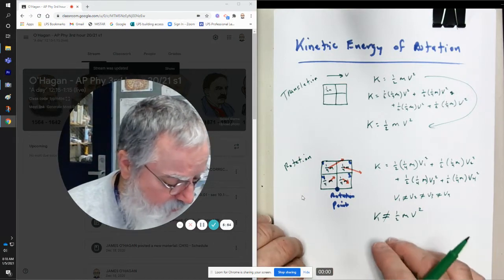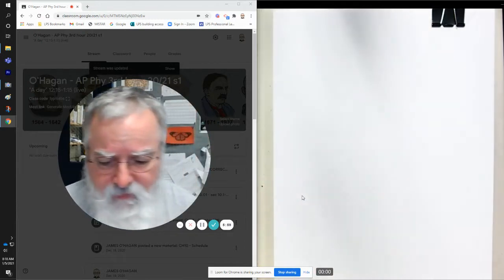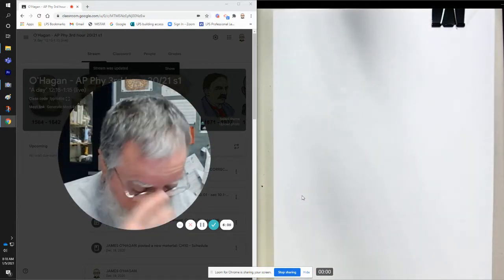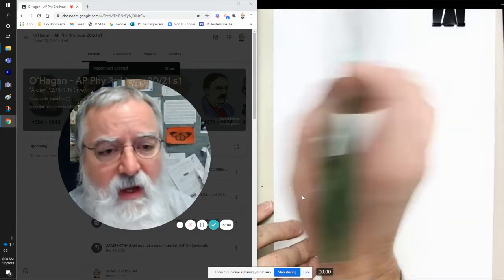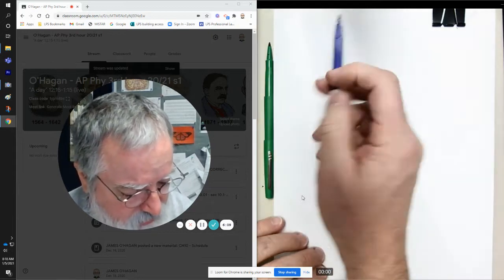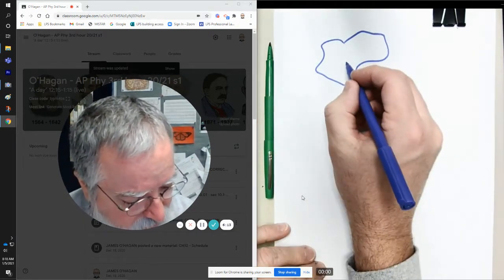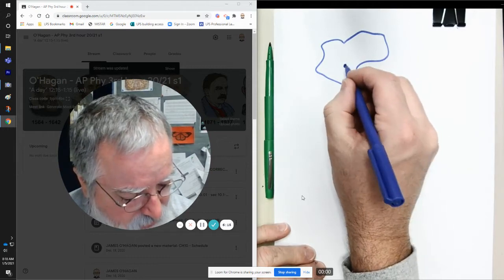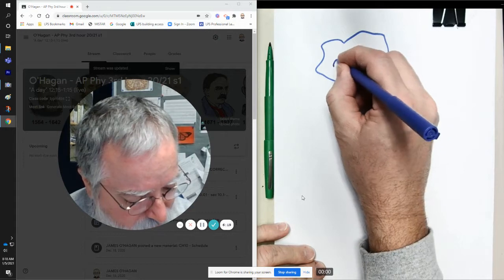So here's how we fix this. Here's how we actually get to the kinetic energy of rotation. Let's go back to any object. Let's make it some crazy shape. There's the object, and let's say here is the pivot point that everything's going to rotate about, and it's going to go about this way.